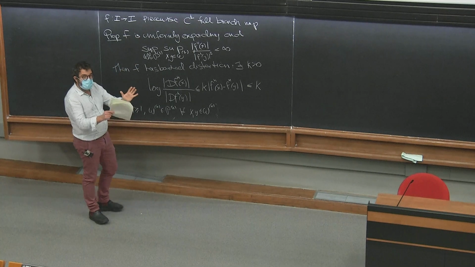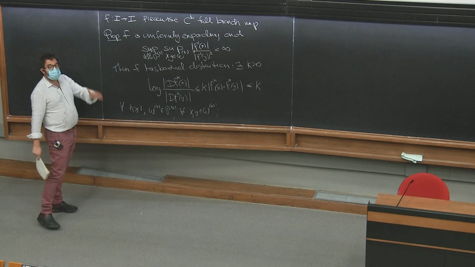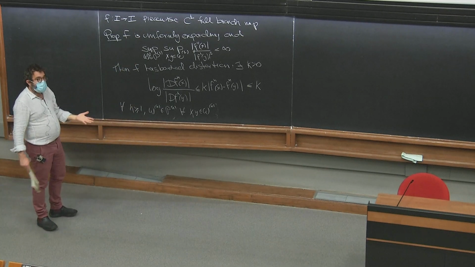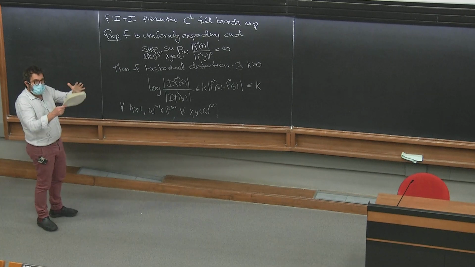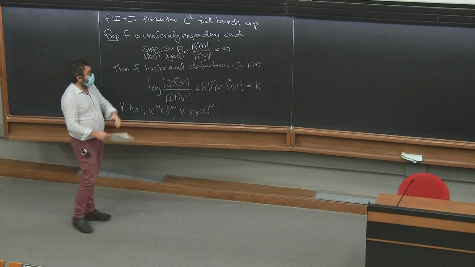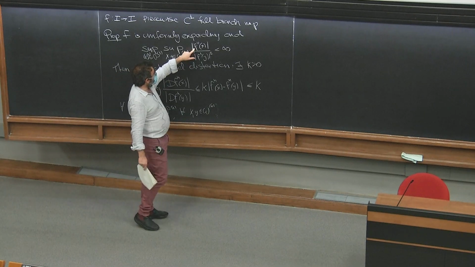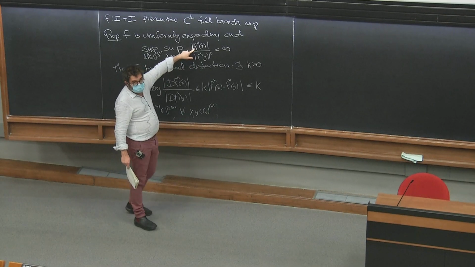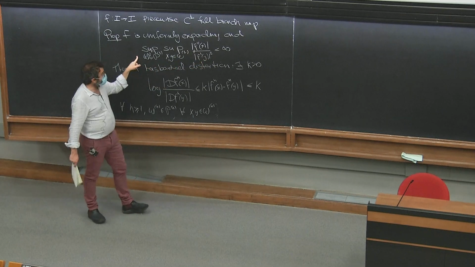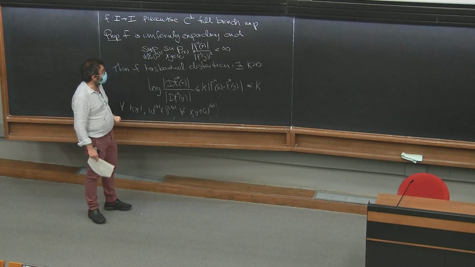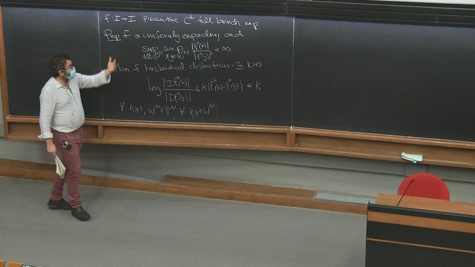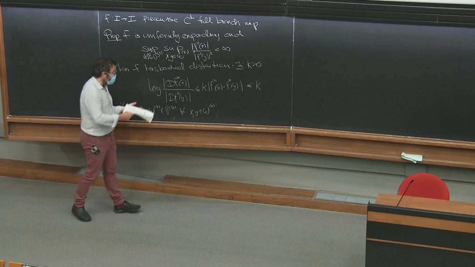If you have a unit interval and at least two branches, then both of these branches must have derivative bigger than 1, and they have constant derivative. So on each branch, the second derivative is 0. Right? So both of these conditions are satisfied.